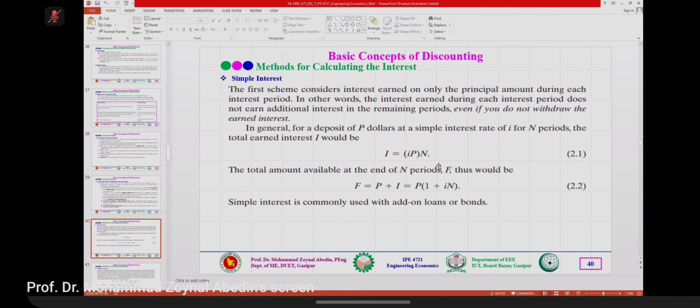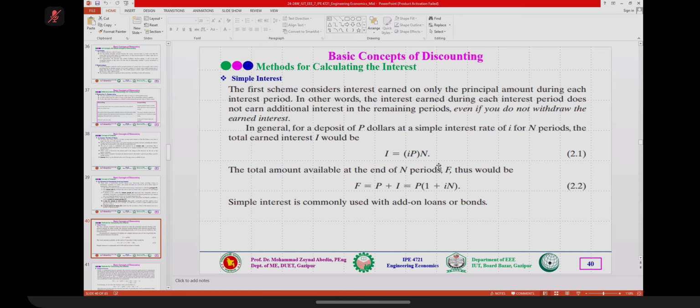The total amount available at the end of N periods, as it is a future value, capital F, would be capital F equals P plus I. Then in I, you have small i, P, capital N. So you can take a common capital P. In that case, capital F equals capital P times the bracket 1 plus small i N.